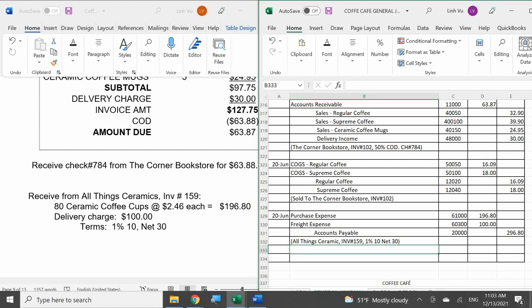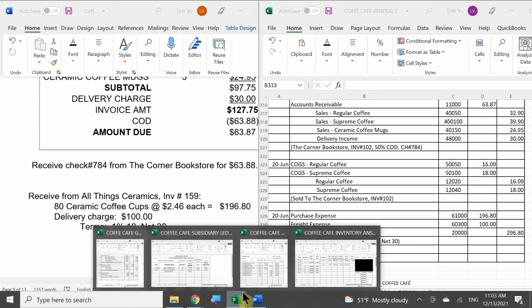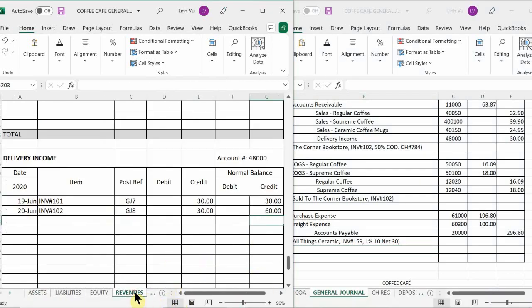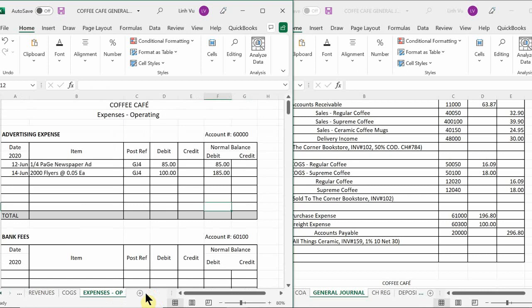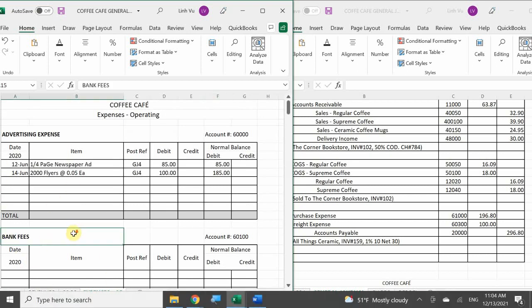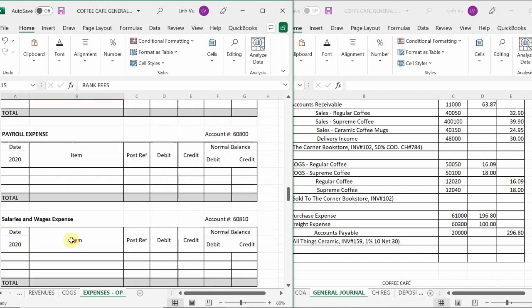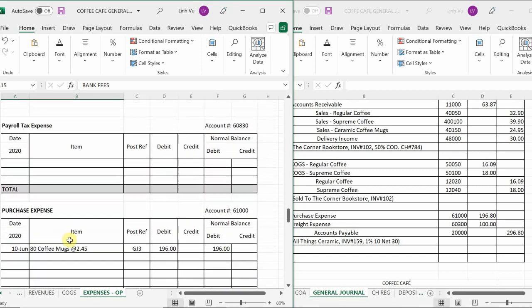Okay, so let's finish this up. Ledger first. We got another purchase expense. Payroll expense, purchase expense. Here we go.